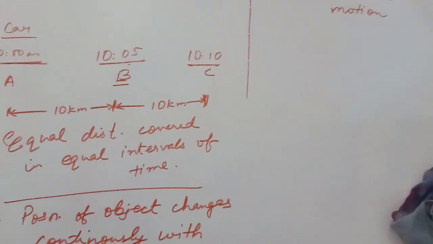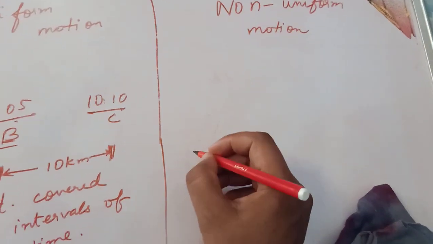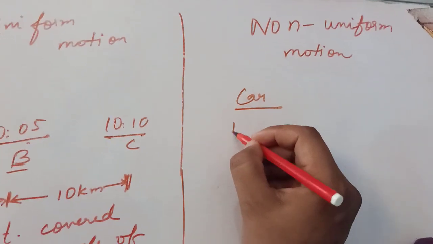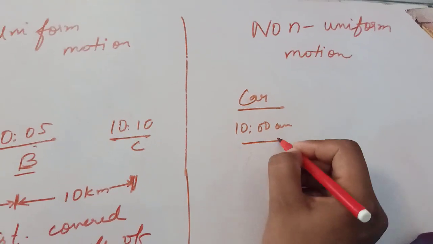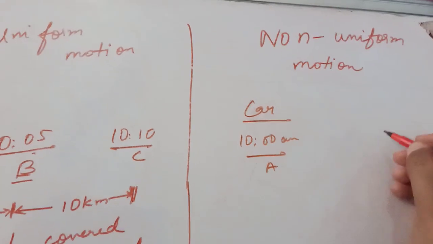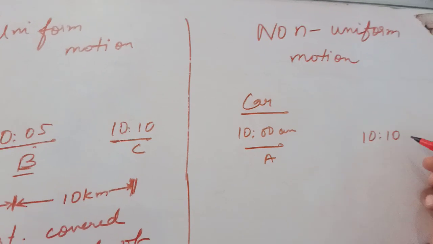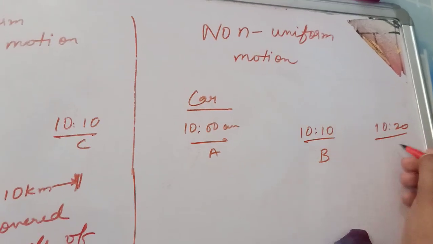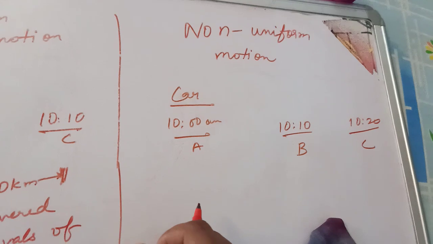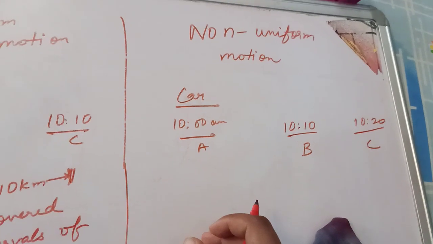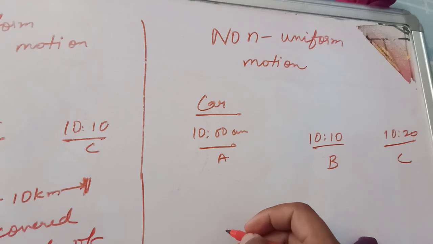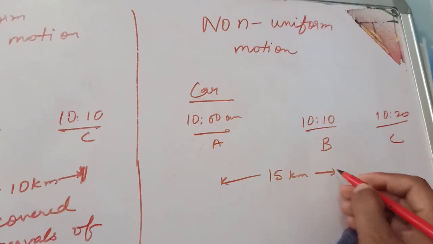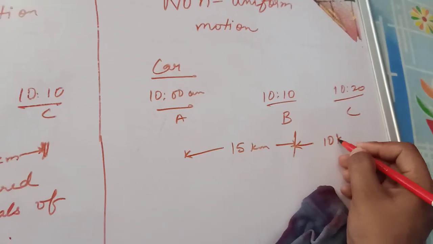And if we talk about non-uniform motion, let us take again the example of a car. A car at 10 o'clock was at point A. Suppose at 10:10 it is at point B. At 10:20 it is at point C. The time interval is the same, 10 minutes, but the distance from A to B was 15 kilometer, and from B to C it was 10 kilometer.